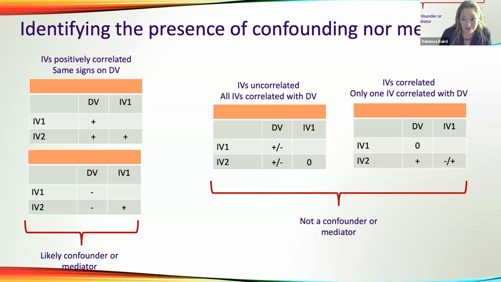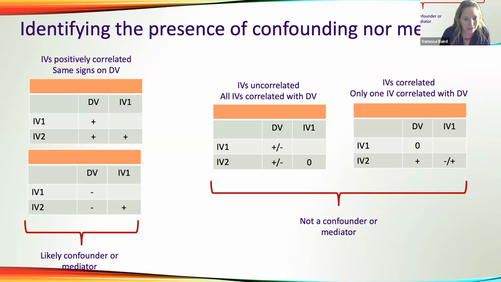Okay. So identifying the presence of confounding or mediating, this is what the correlation matrices look like. You're going to have all positive, or both negative, but the IVs are positive. And if you have this, then neither IV1 nor IV2 can possibly be a confounder or mediator.